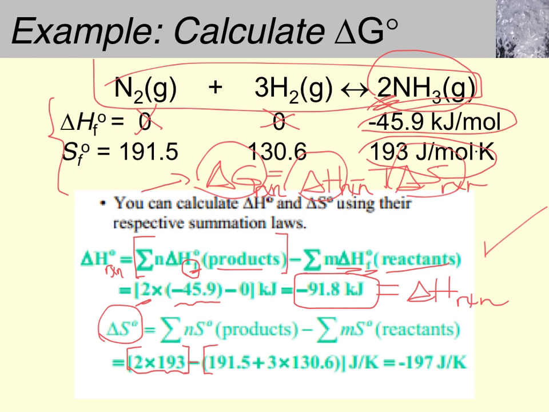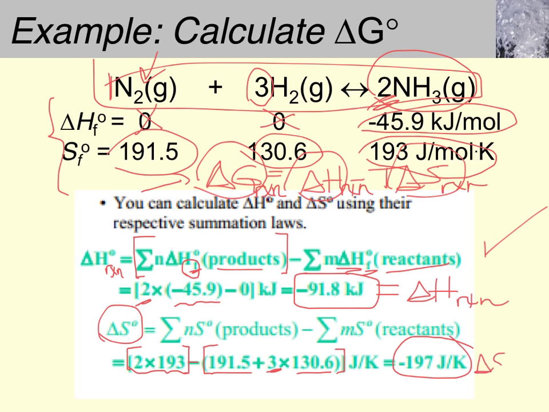You're not going to get lucky like you do with enthalpy. The entropy for molecular nitrogen is 191. There's only 1 of them. And there are 3 hydrogens. The entropy for hydrogen is 130.6. When you do this math, you get that the entropy of reaction is minus 197.